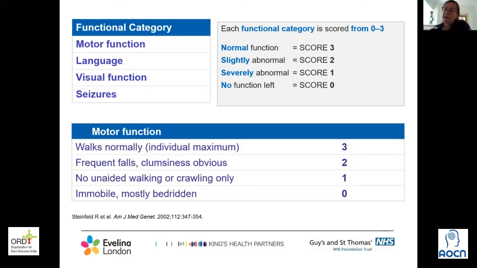There is a very simple motor score which was developed by the Hamburg team, split into 4 different domains. The most important are the motor function and the language domain, and I've just illustrated there the motor function domain. So essentially you score 3 for normal function or your best ever function, and you score 0 when all skills are lost.